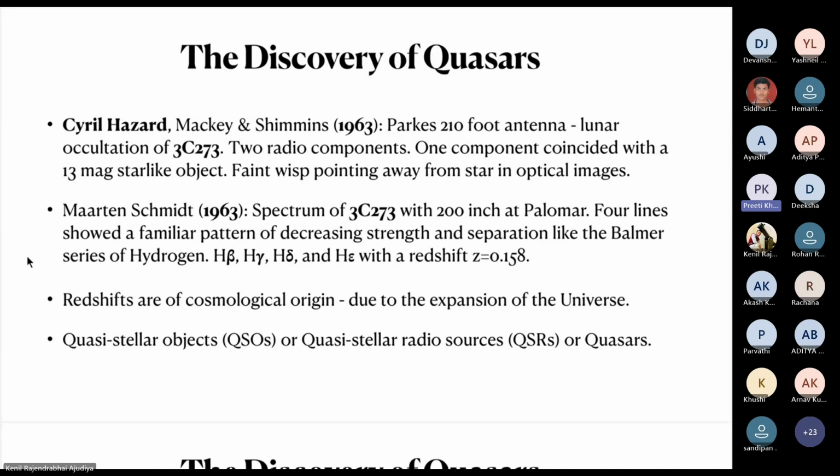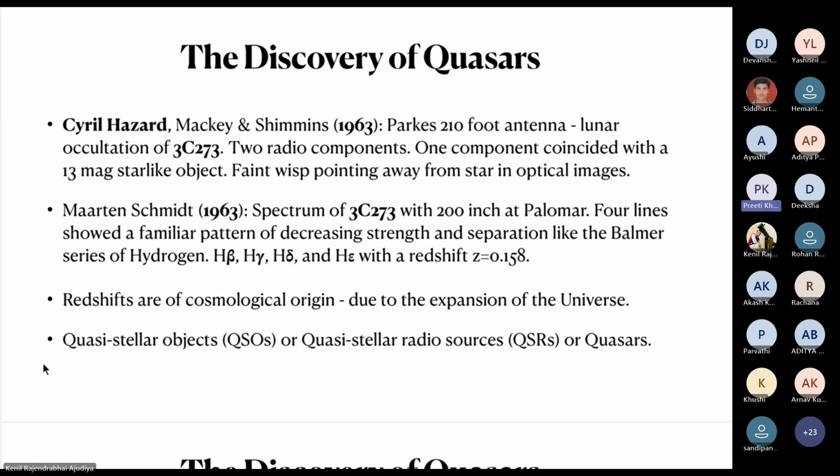But once you have a very high redshift object of 0.158, which at that time was very, very high, all your requirements of extreme luminosity become even more extreme. You have to have a point source which is very, very luminous, and very far away, which means it must be really luminous, wherever it is.